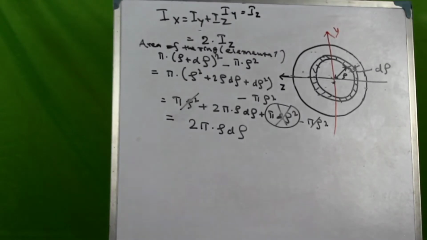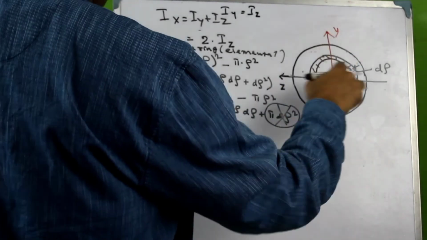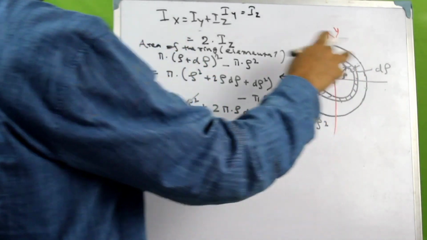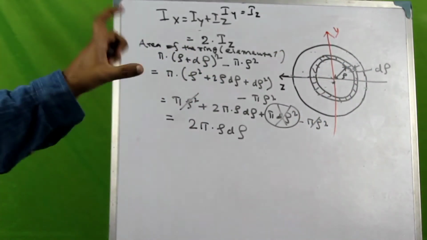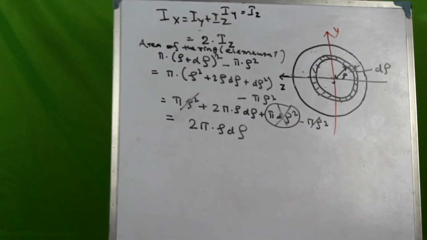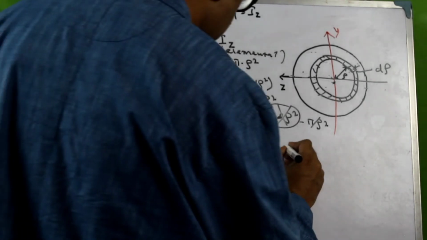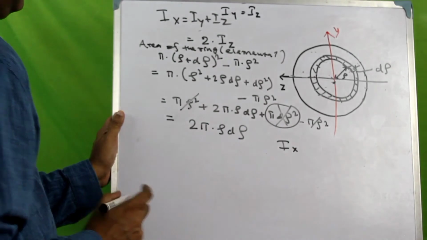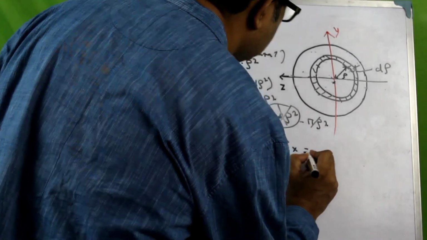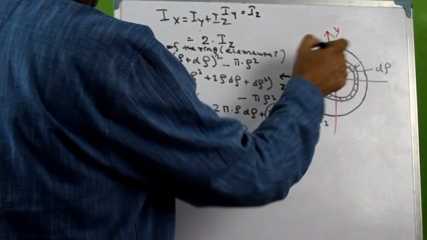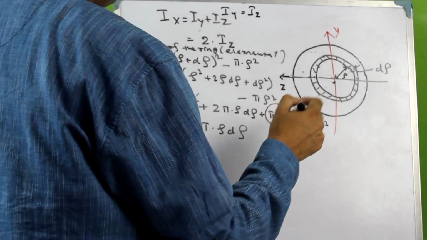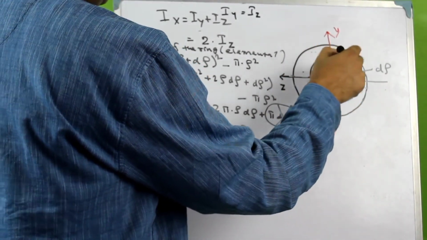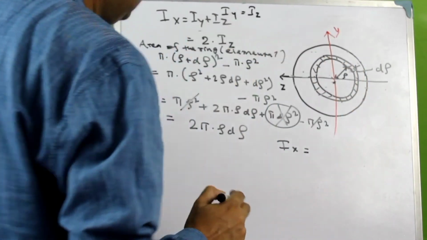Now the moment of inertia of this elemental ring about the x-axis, Ix, would be equal to this area multiplied by the square of the distance from the center.